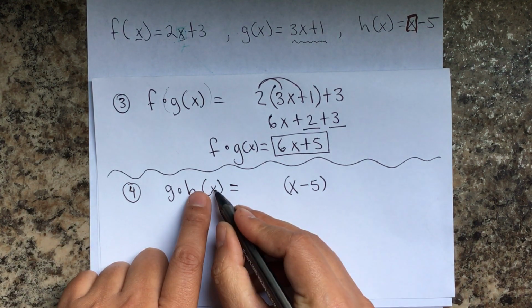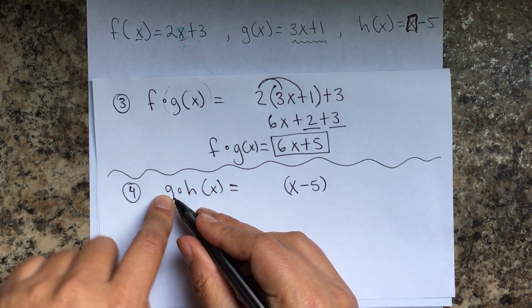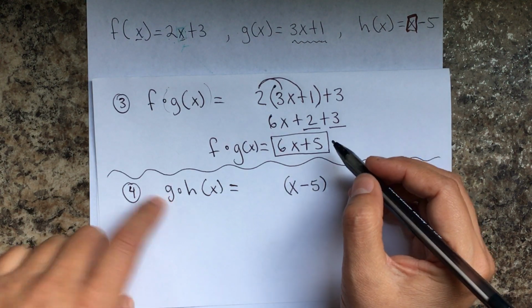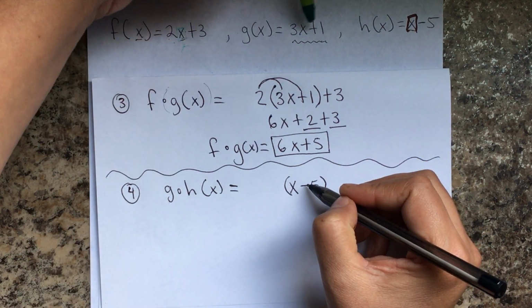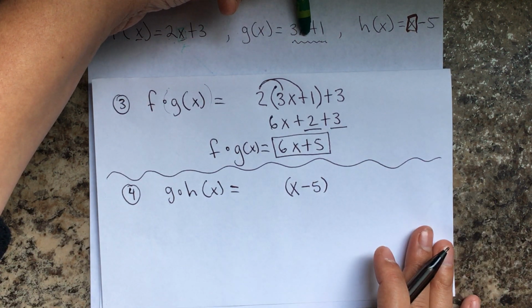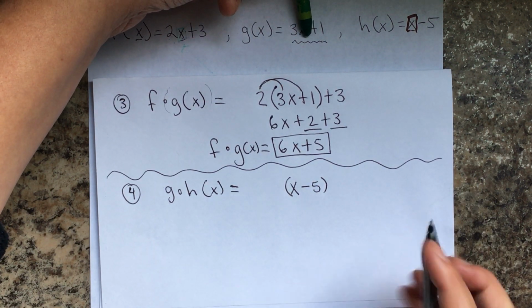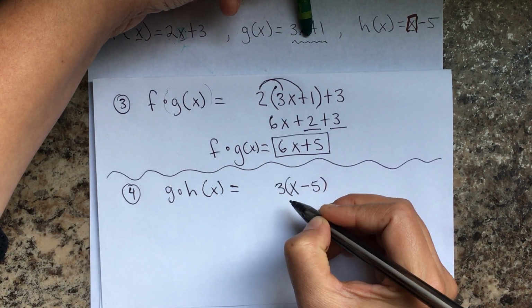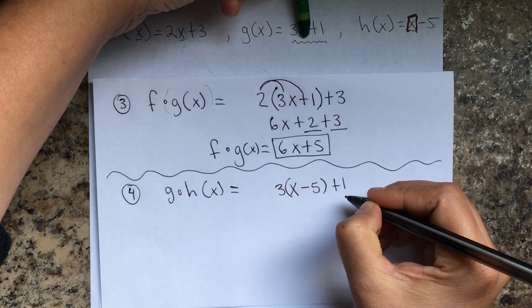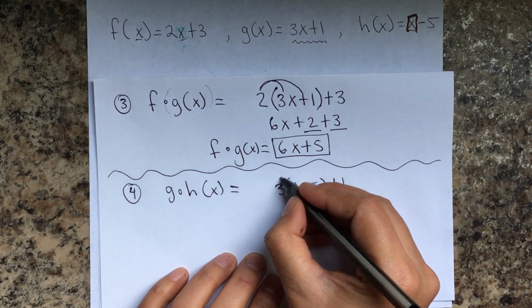I put a parenthesis and then I go to the outside, or in this case to the left, which is g. This is going to replace what was x before. And so what is to the left? Oh, the x is being multiplied by the 3. And what is to the right? Oh, you're adding 1. So now I do distributive property.